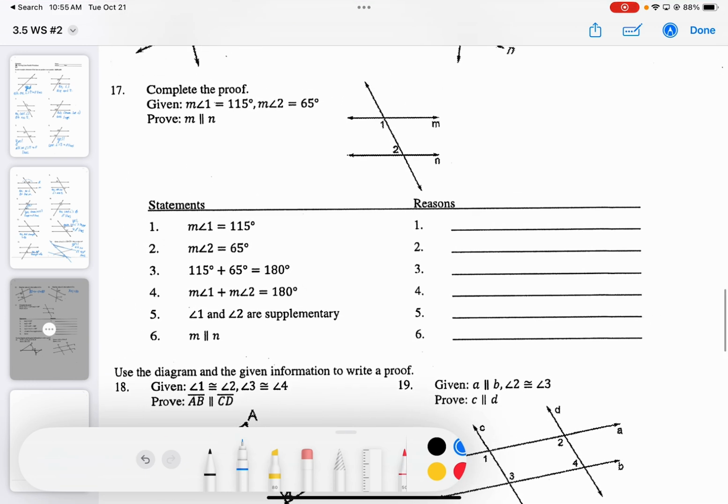So I tell you that angle 1 is 115 and angle 2 is 65. Those reasons would both be given. And then it says 115 plus 65 equals 180 degrees. We could do angle addition postulate. I'm trying to think of the best way for us to justify that.